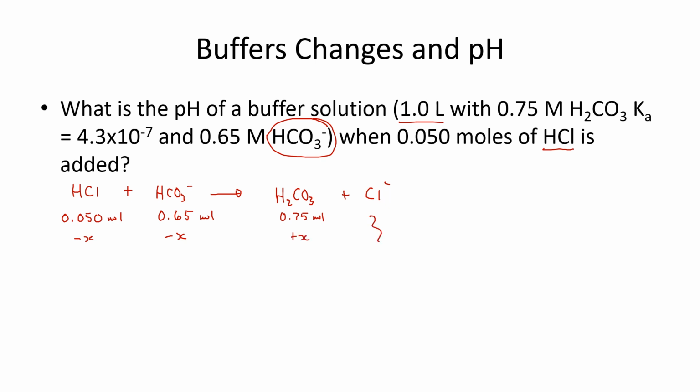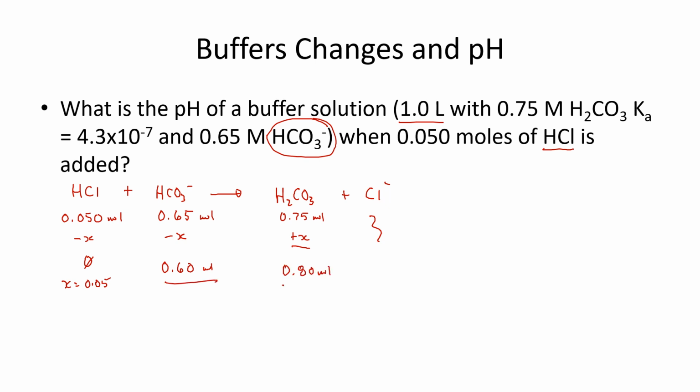And so obviously the HCl here is your limiting reagent. It's going to go to 0, which means your X is 0.05. And so 0.65 minus that is going to be 0.60 moles of the hydrogen carbonate. And this is going to go up by X, so it means we're up to 0.80 moles of the acid.